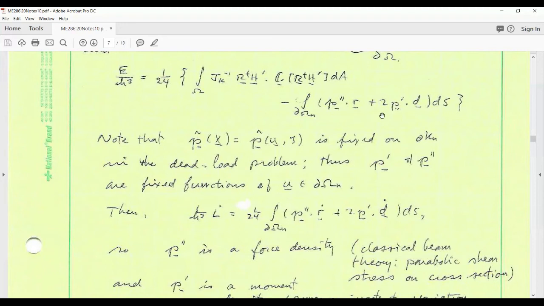So all the terms involving P are fixed. They're independent of how you vary the deformation. You get an r dot, which is like a virtual velocity of the midplane, and a d dot, which tells you how that vector d, that material curve, changes its length and its orientation.